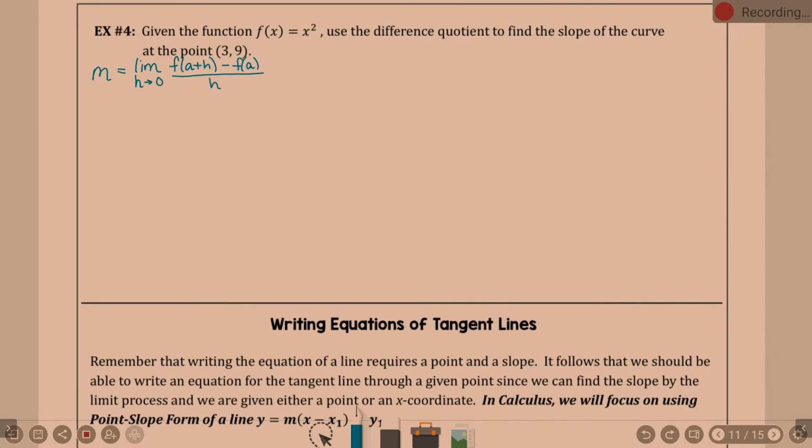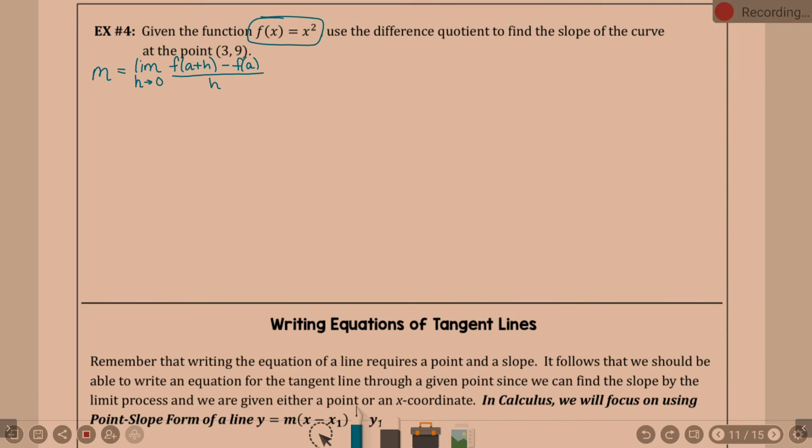We had defined that on the previous page. We are provided f of x equals x squared, and eventually we'll get to the (3, 9) bit. So we want to use that f of x definition that we have.